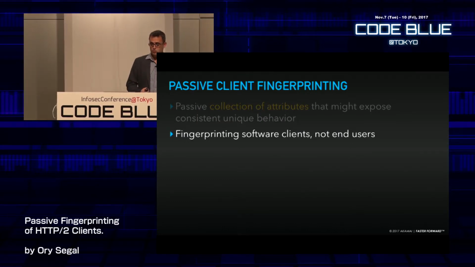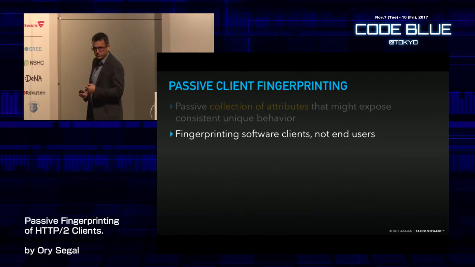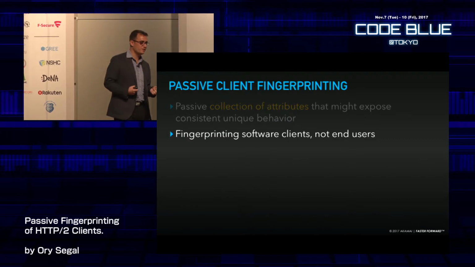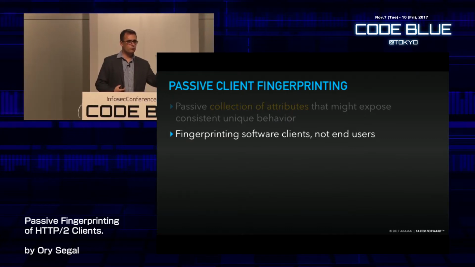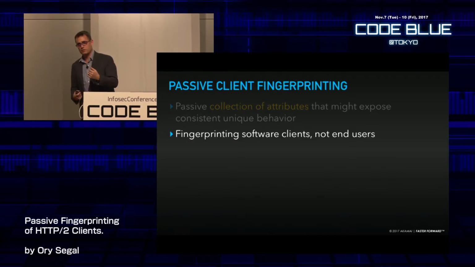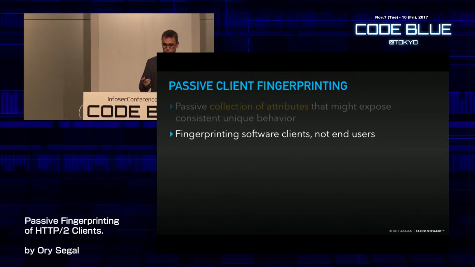We can fingerprint usually software clients, not end users. I'm not interested in tracking users, maybe others are. But we're trying to understand who's speaking to us, what kind of web server, what kind of client, what kind of browser, that kind of fingerprinting.